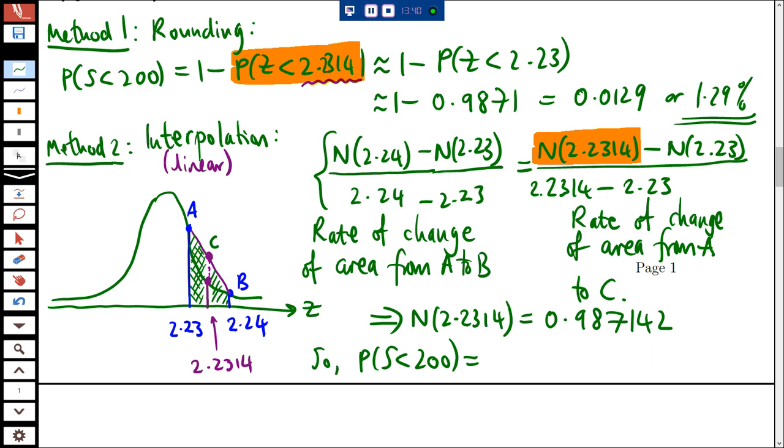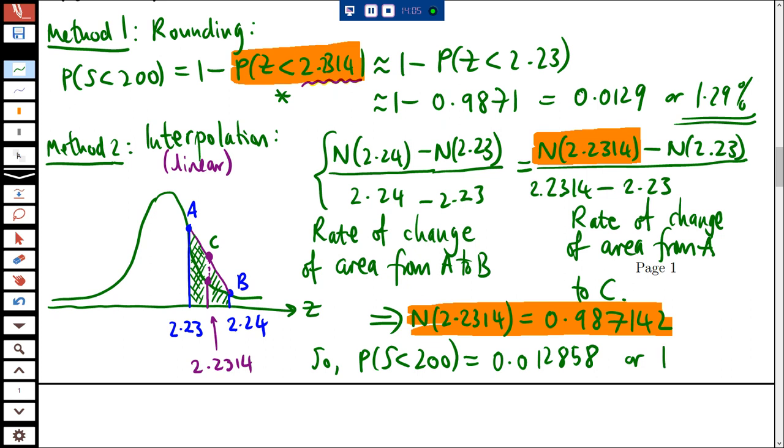So now I'm going to put this number into this thing up here. So I end up with the probability S is less than 200 is 0.012858, or about 1.2858%.